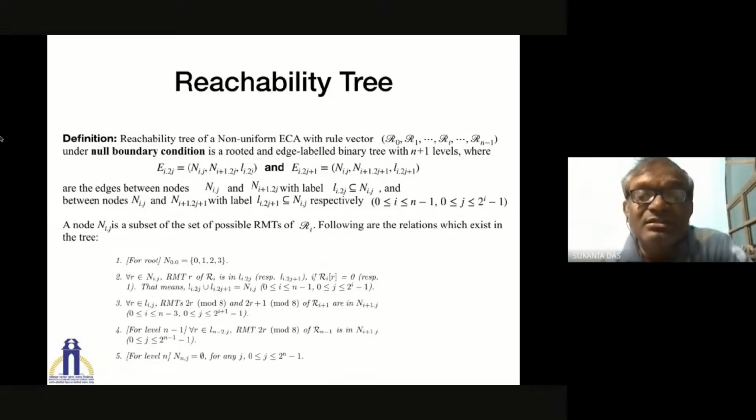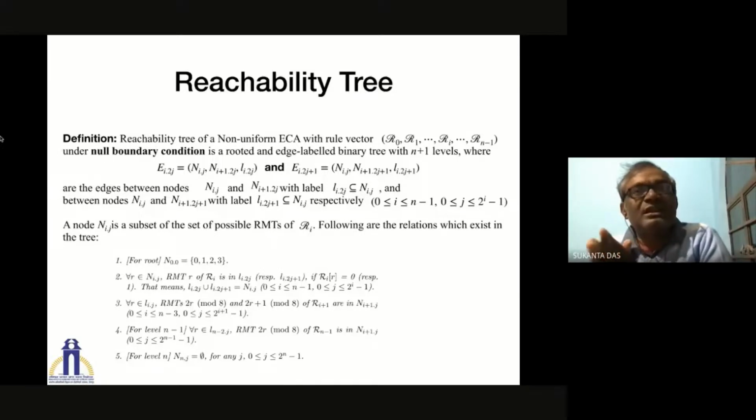It says what the relation is between Nij and the levels of the two edges. It simply says that the RMTs of Nij are divided into two levels, Li+1,2j and Li+1,2j plus 1.